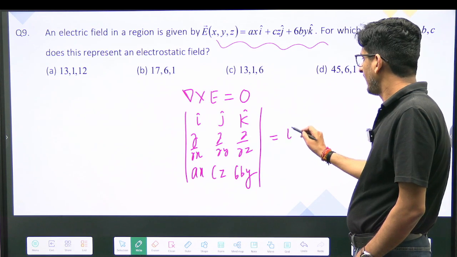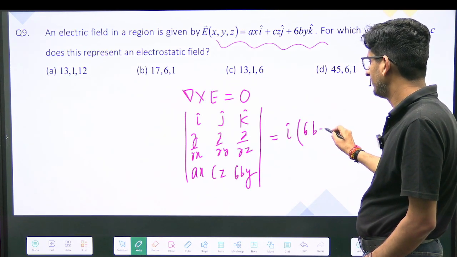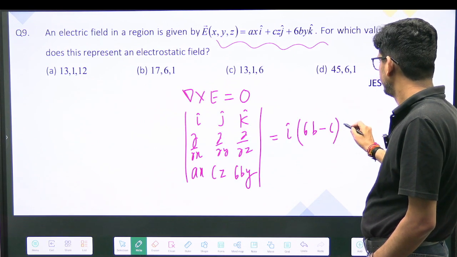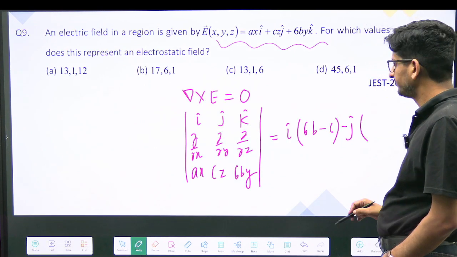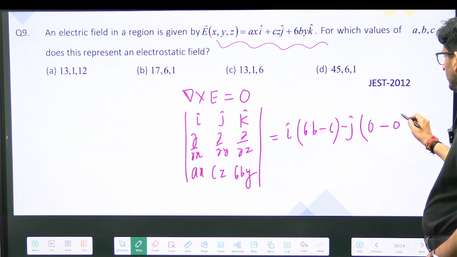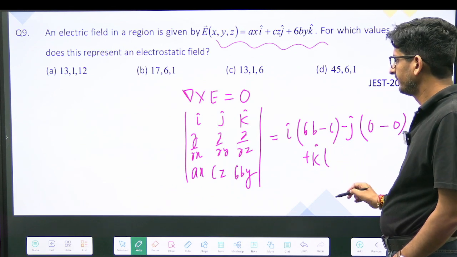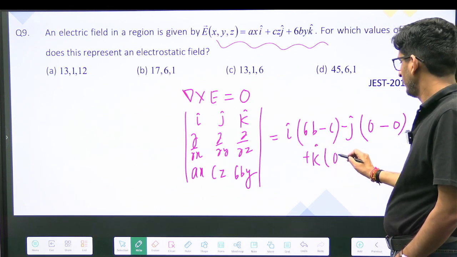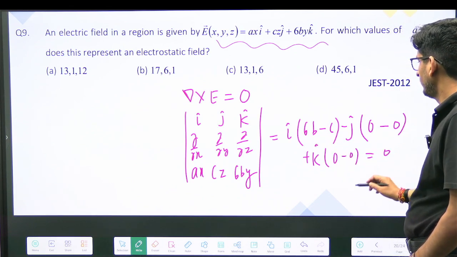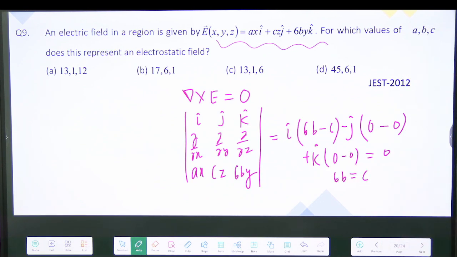This is equal to i cap (6b minus c) minus j cap (0 minus 0) plus k cap (0 minus 0), which is equal to 0. So 6b is equal to c.